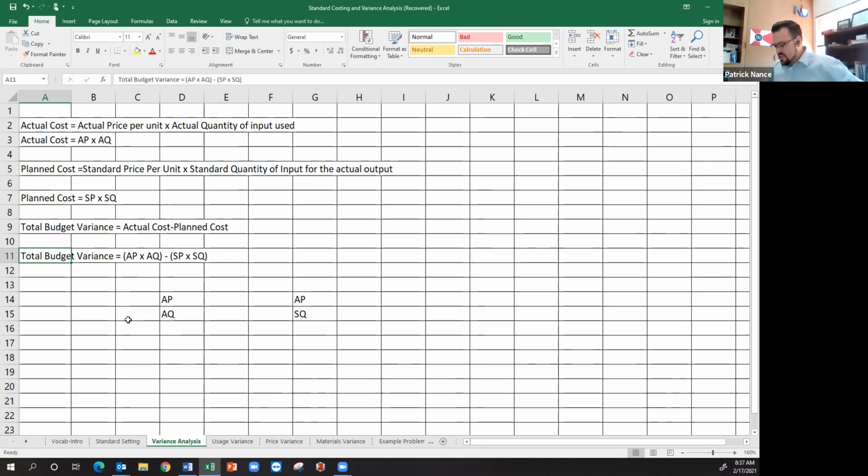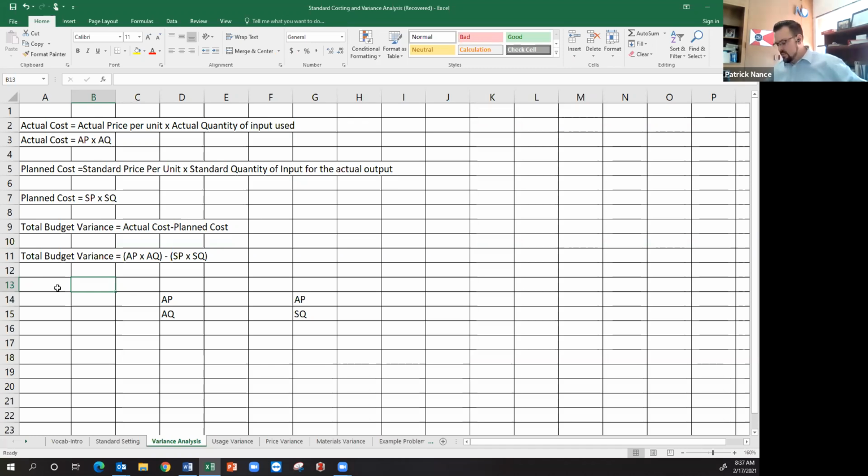The other thing this does is it shows me whether I had a positive variance or a negative variance. And in variance analysis, we call it favorable and unfavorable. So if we spent more money or used more product than we should have, that would generally be an unfavorable variance, whenever actual prices or actual usage are greater than the standards.